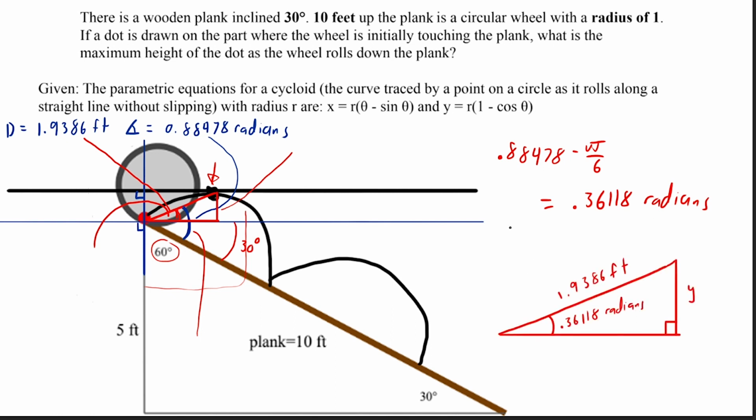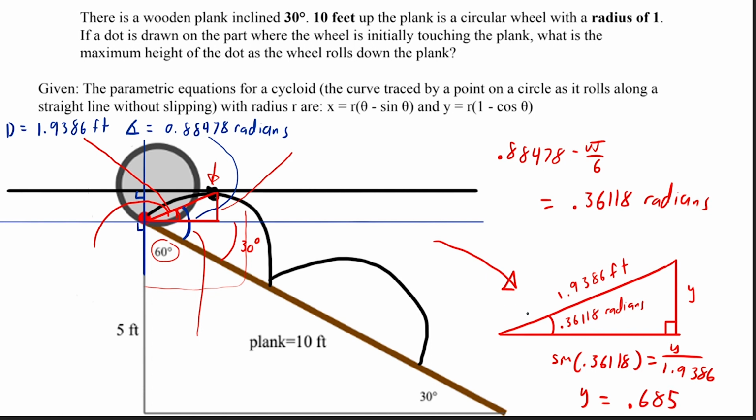Now we can work with this little triangle that I've drawn bigger here. So we know that sine of 0.36118, the angle, is going to equal y over 1.9386, which is the hypotenuse. And so multiplying both sides by 1.9386 and evaluating, you should get that y equals 0.685.